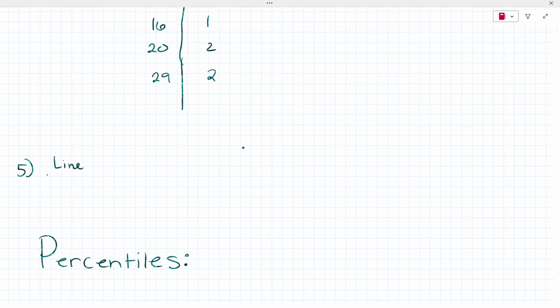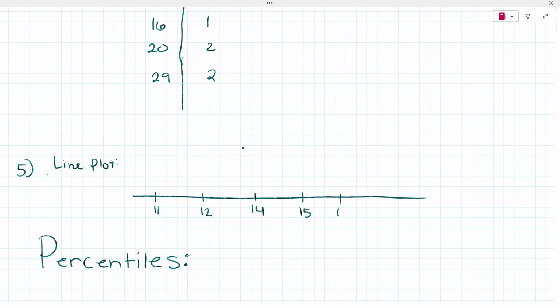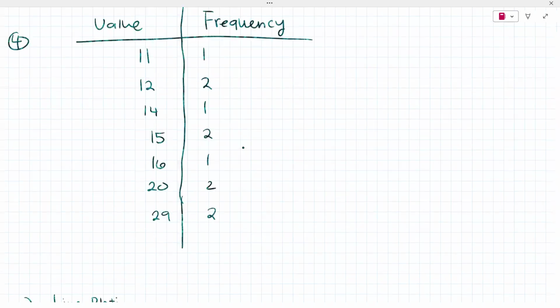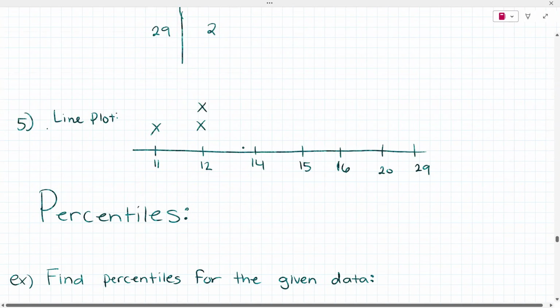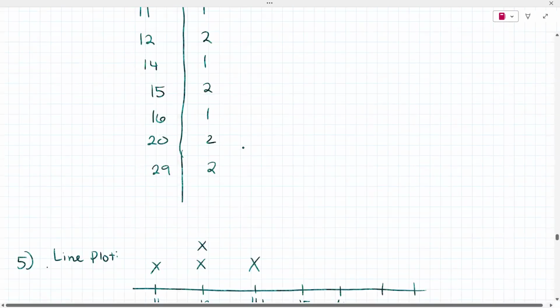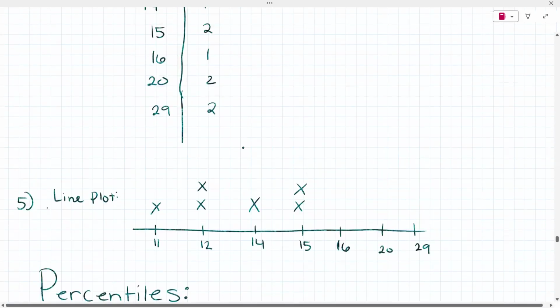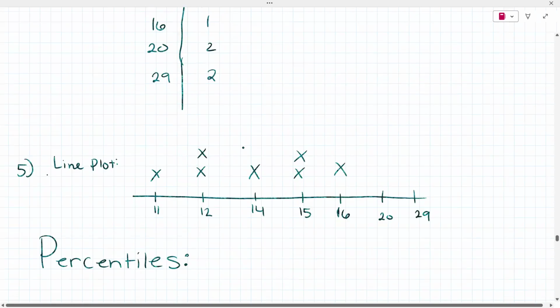Plot here. Okay, so we have 11, 12, 14. 11 only occurred once, so you're going to put 1 x. 12 occurs twice, so you put 2 x's. 14 occurred once. 15 twice. 16 once. 20 twice. 29 twice.